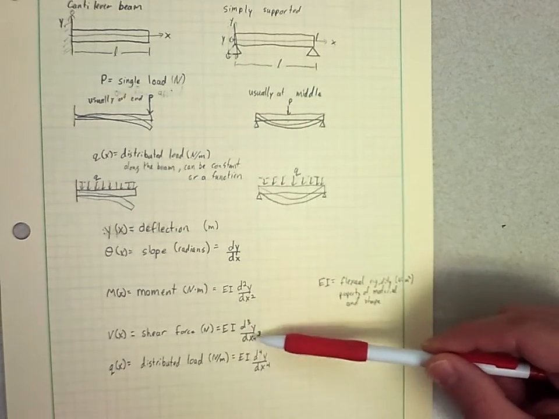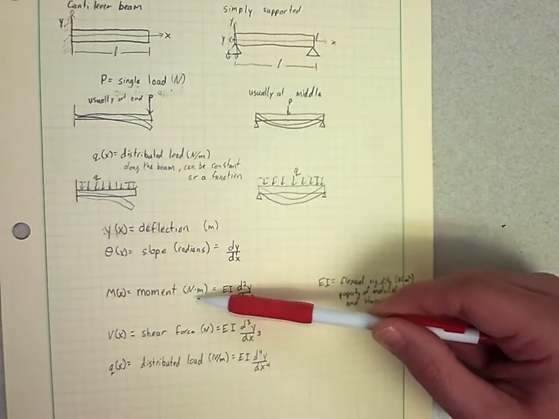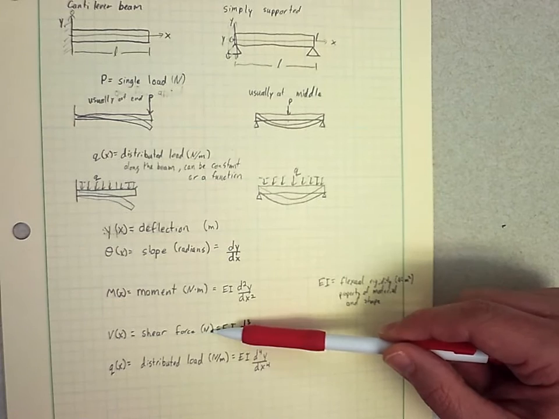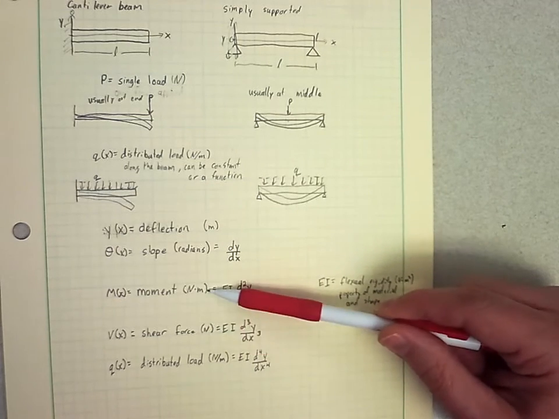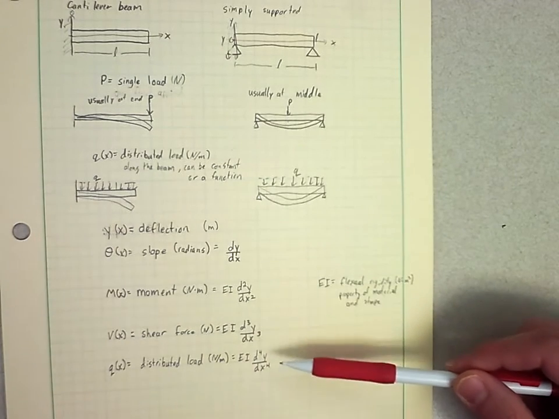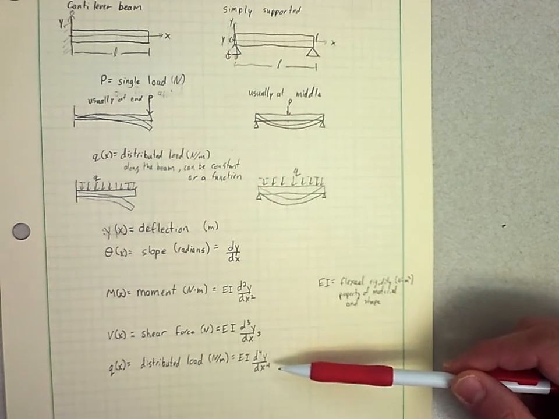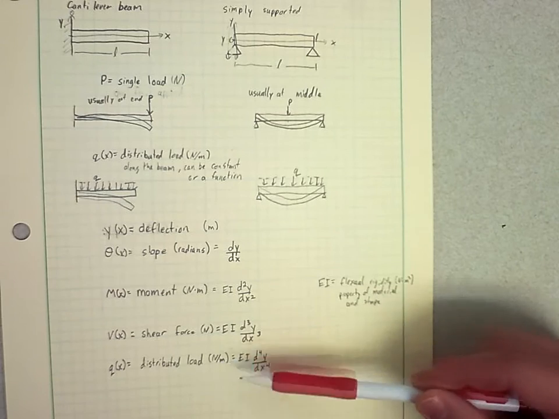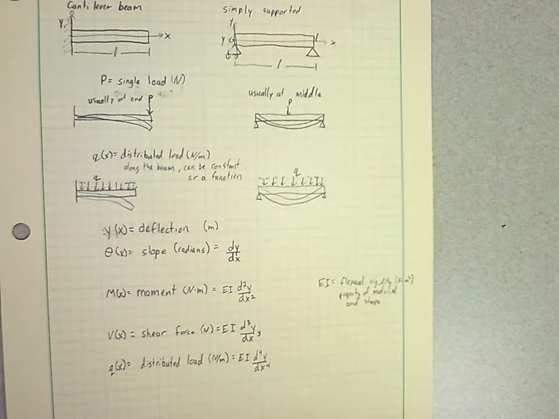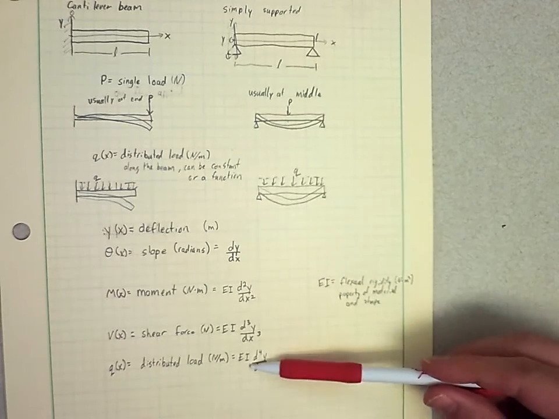Since we've taken it with respect to x again, we're dividing out by meters again, so now we go from newtons times meters back down to newtons. Then if we do it again, we get Q, which is our distributed load, which has units of newtons per meter. So that's one way that we can relate this deflection down to a distributed load.